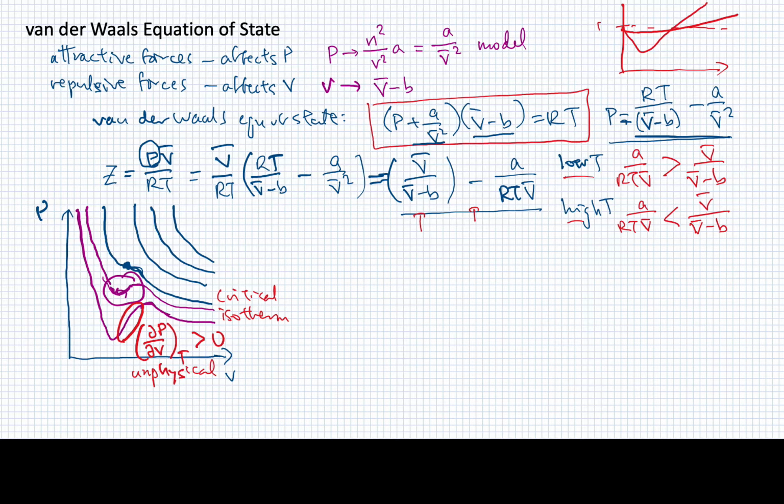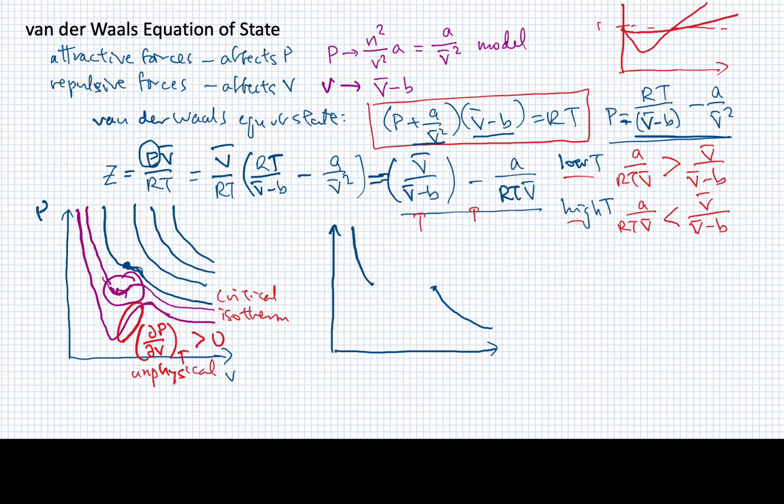And one shouldn't expect every mathematical model to immediately work out to give you everything that's physical. But here's how one might get around it, and it's a construction that is due to Maxwell. For these isotherms that are below the critical isotherm, I'll draw this coming down from the top and reaching a point over here, and then continuing more or less the way we'd expect on the other side.